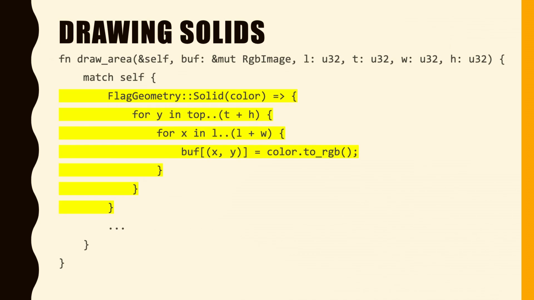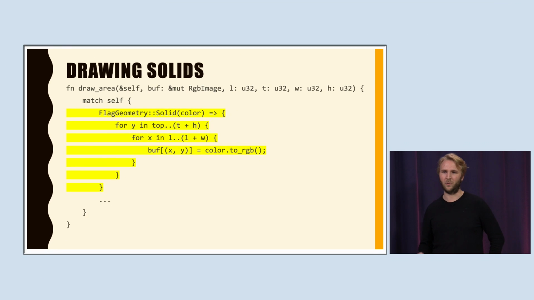The first thing we do in this draw area method is that we deconstruct self, which is one of these flag geometry enums, and we handle the case of solids, which is an area of one particular color. All we have to do here is visit every single pixel and set it to the color of that particular geometry.